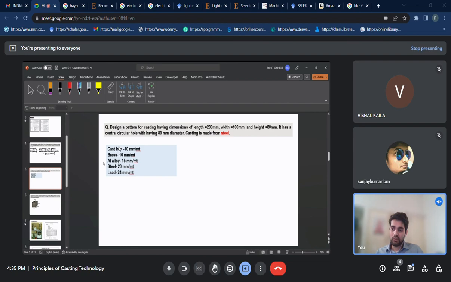Just remember, for the central circular hole the allowance will be negative, while for the other dimensions it will be positive, additive. So tell me what will be the length, width, height, and the diameter of the pattern, given that it is steel.